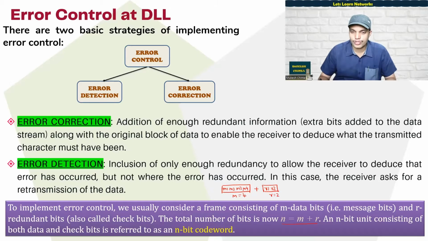A combination of these two gives me the entire code word that is now being transmitted to your receiver. So your code word consists of your data word and your redundancy. Altogether we get 6 bits: m1, m2, m3, m4, and r1, r2. How many bits we should add depends on the technique that we implement for either error detection or error correction. This is called a code word.